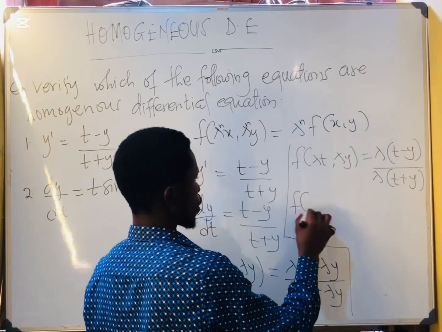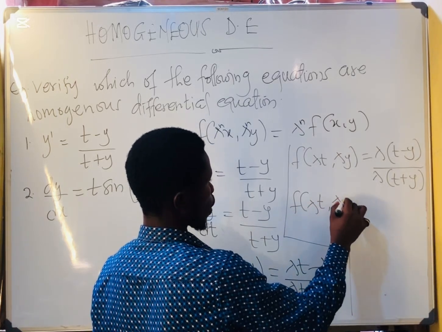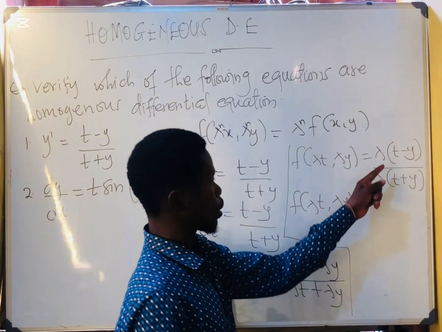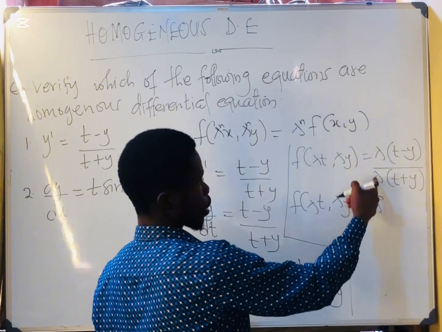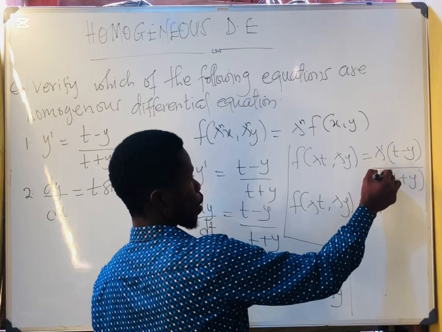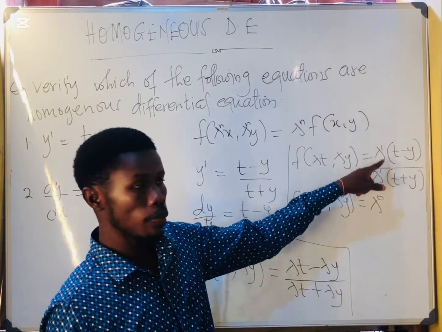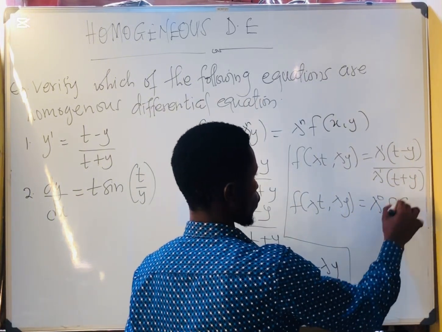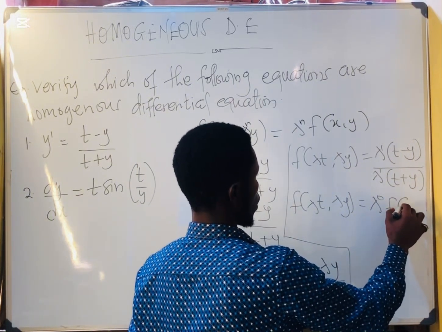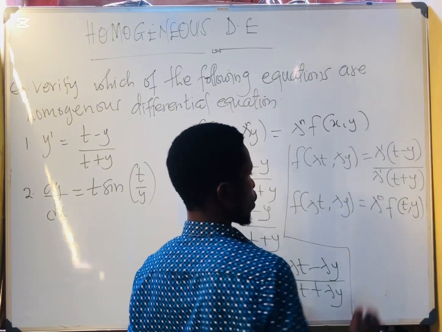So you realize that the lambda gives us lambda to the power 0, because this and this are power 1. So when I send this one to the top by indices, this will give us 0, and this will give us the function f(t, y).